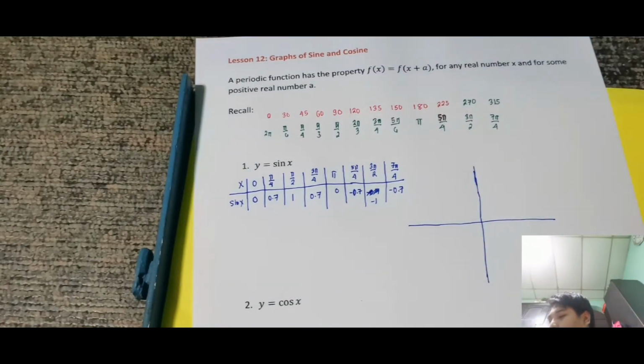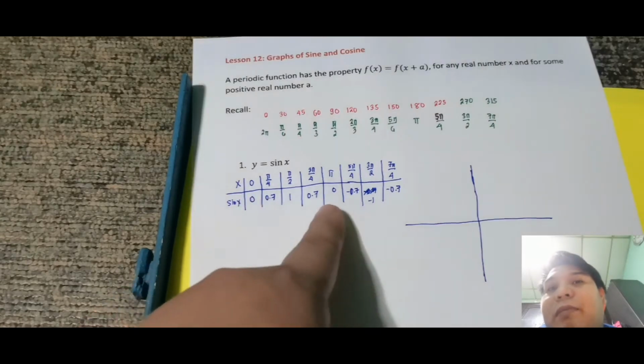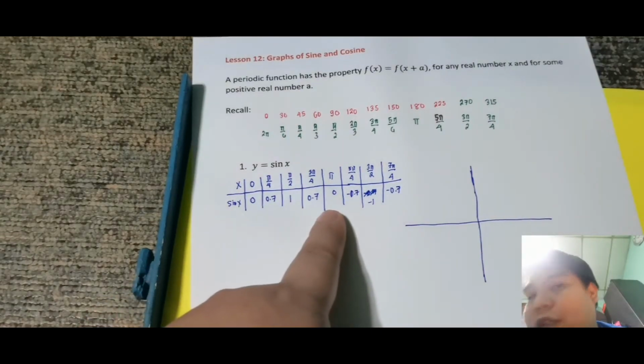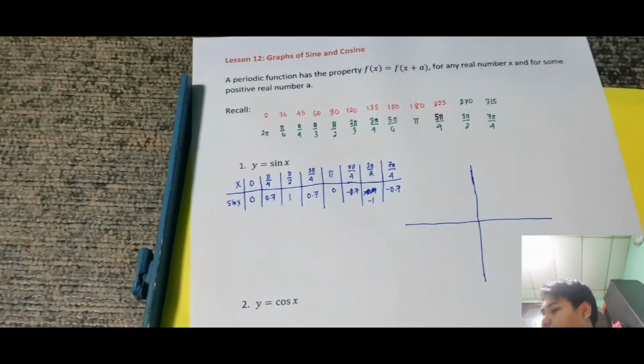Okay, then syempre gagawa tayo ng table of values ni sine. Ang gagawin ko is kukuha lang ako ng value hanggang 2 pi. Ang mga value natin is 45, no?